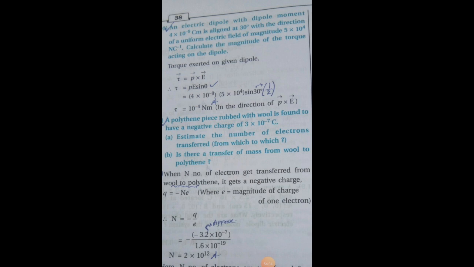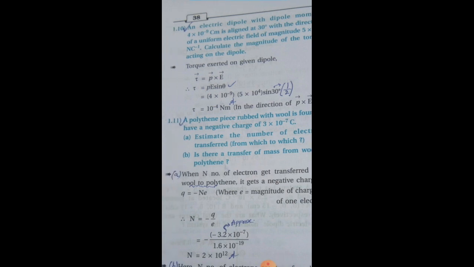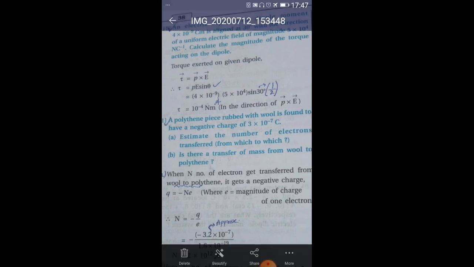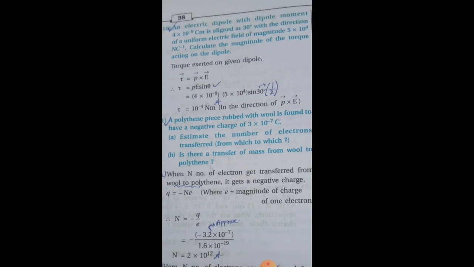Now we go through the next sum, that is example 1.10. This one is of an electric dipole. An electric dipole with dipole moment 4 into 10 raised to minus 9 coulomb meter is aligned at 30 degree with the direction of a uniform electric field of magnitude 5 into 10 raised to 4 Newton per coulomb.